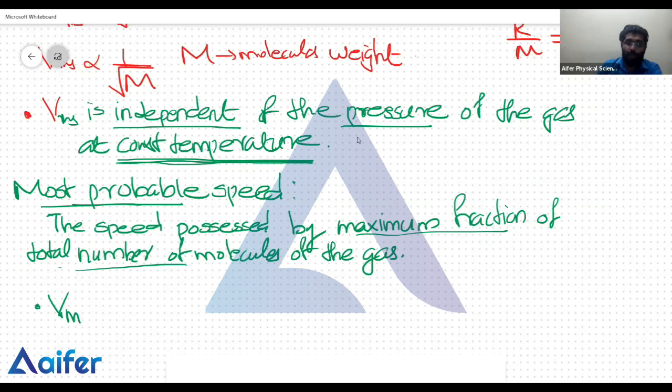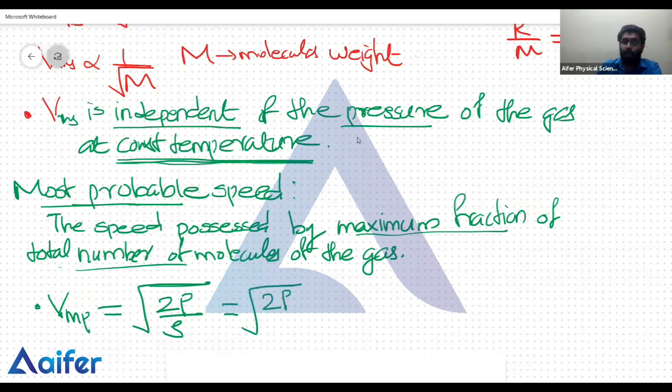The expression for most probable speed, straightforward, is root of 2P by rho. Keep in mind, the earlier one was 3P by rho; now it is just 2P by rho. From here, rho is m by V, so this equals root of 2PV by m.